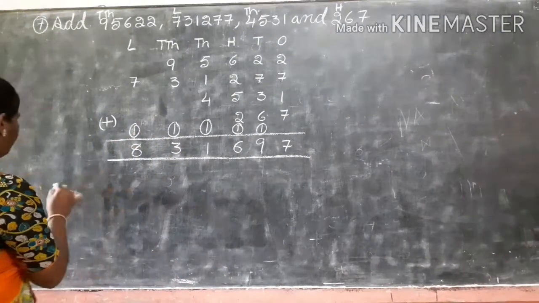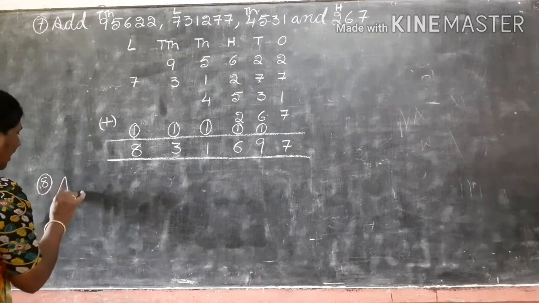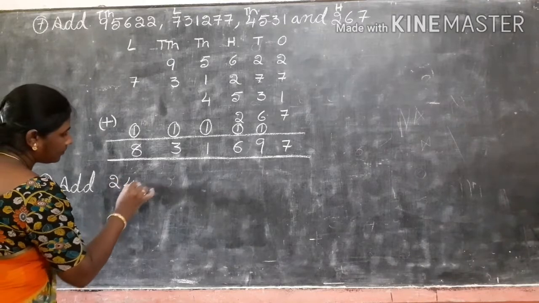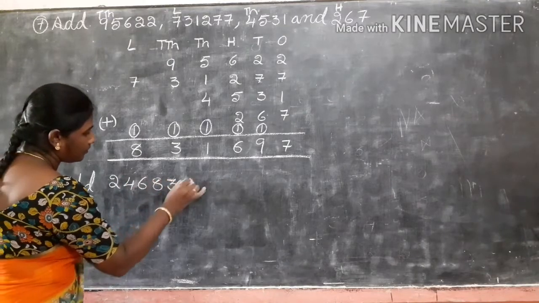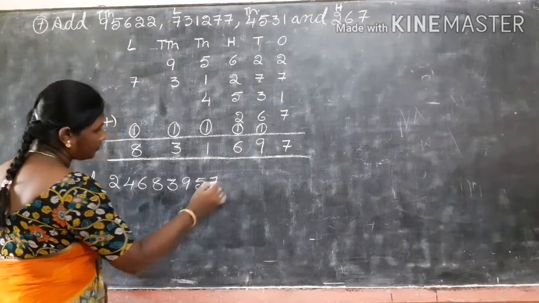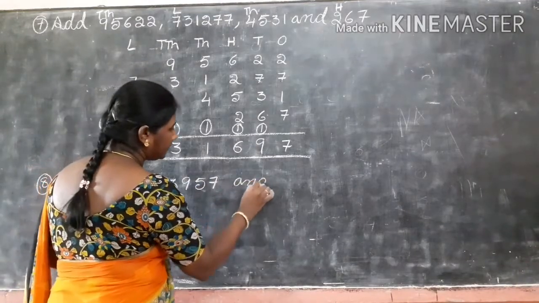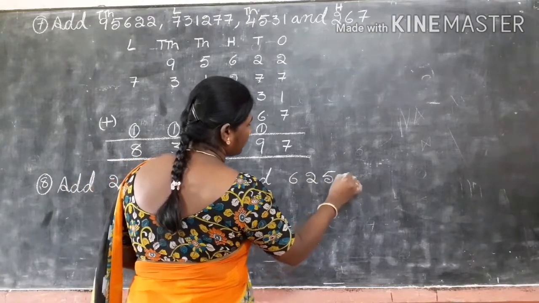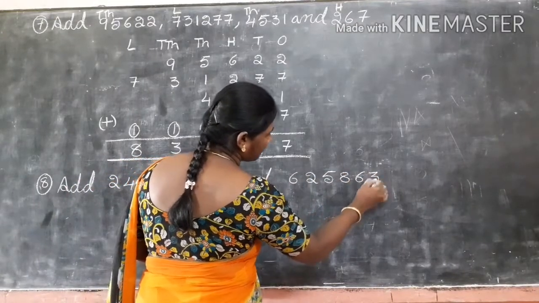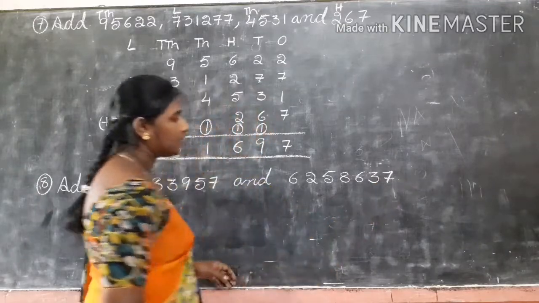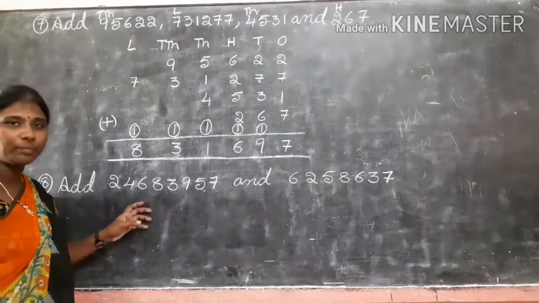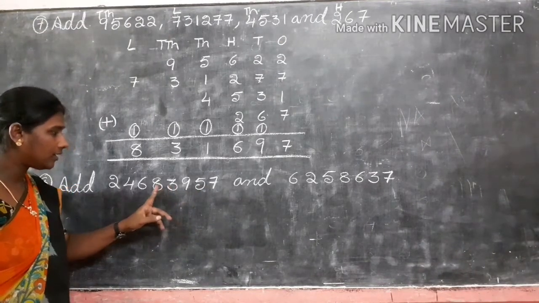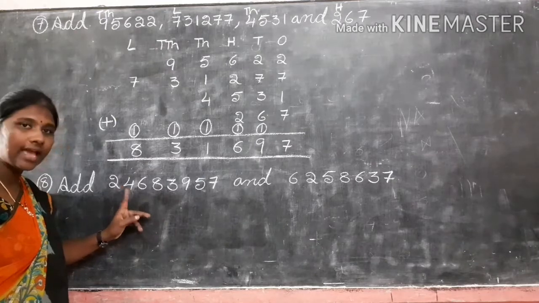Okay, next one. Add these two numbers. First we have to check the place values: ones, tens, hundreds, thousand, 10,000, lakhs, 10 lakhs, crores.